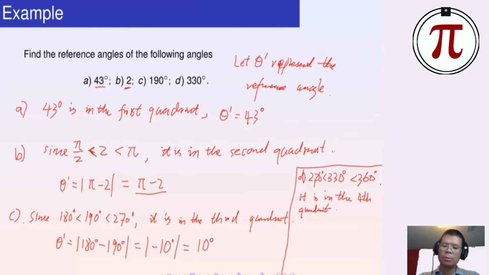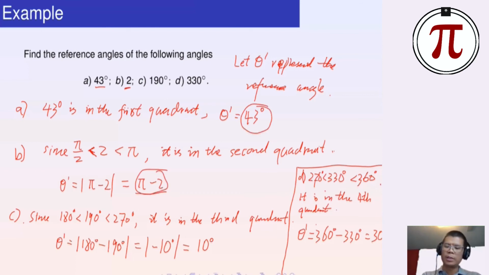So what is theta prime? 360 minus 330, and not absolute value, just 360 minus that. It equals 30 degrees.